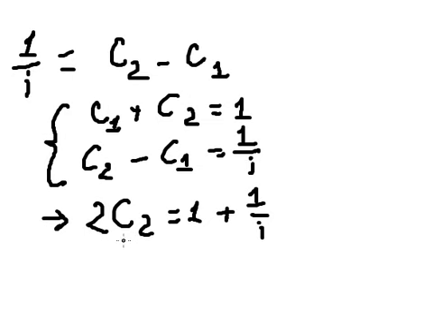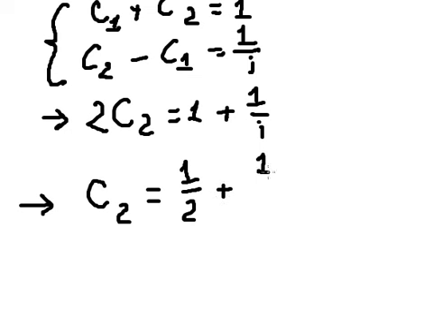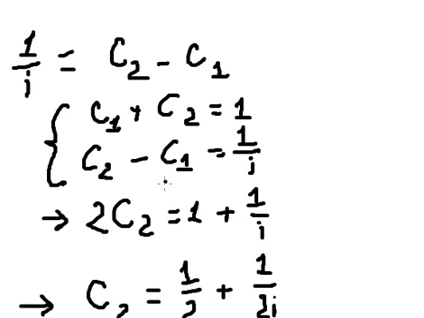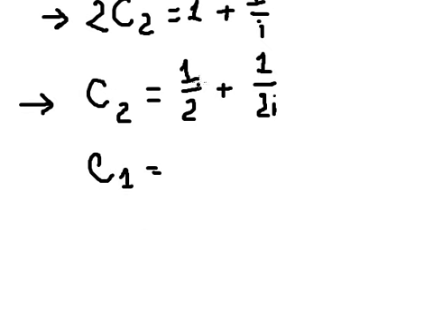And then we divide both sides by 2. So we put c2 go back in here, and we can find c1. That is 1 minus 1 over 2, we have 1 over 2 minus 1 over 2i. So this is the answer.